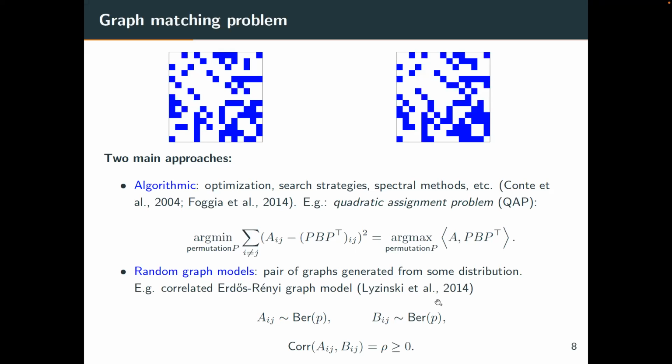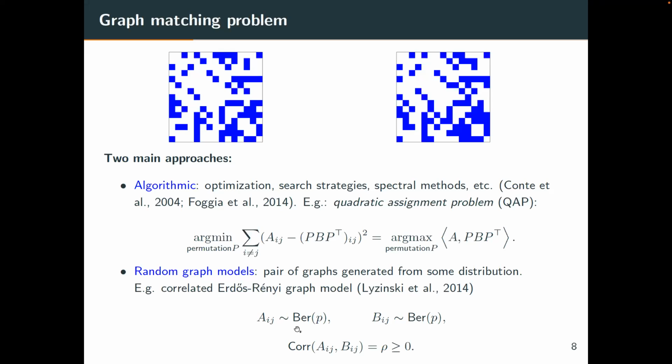But a very popular model that has been developed and studied in several recent works is the correlated Erdős-Rényi graph model. The idea is very simple. Let's say we have a Bernoulli distribution for the edges of the two networks.